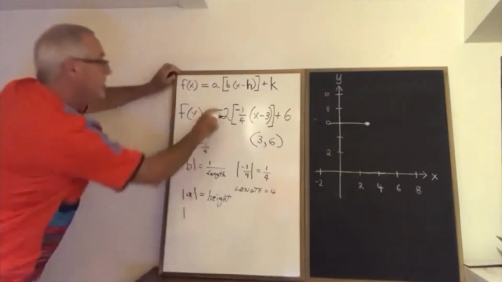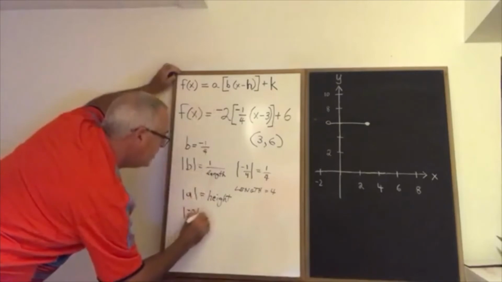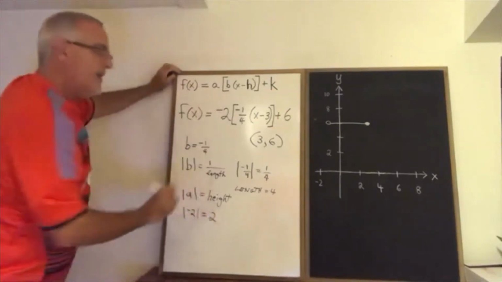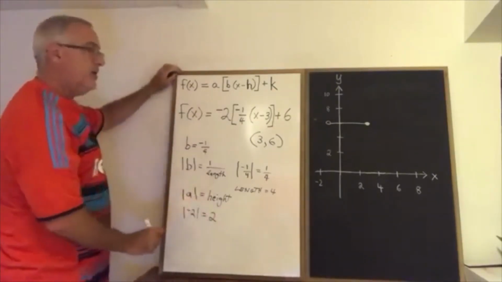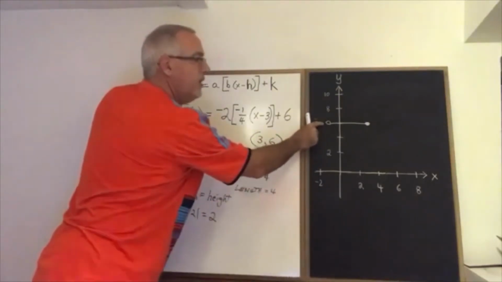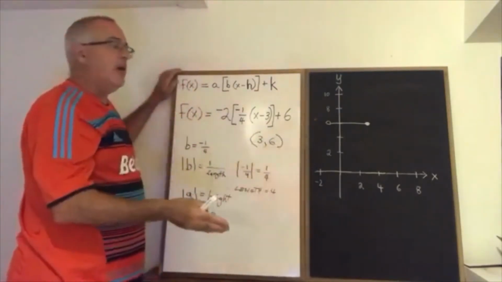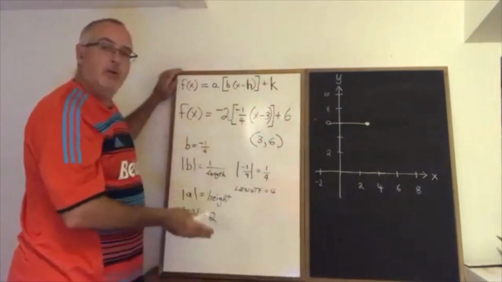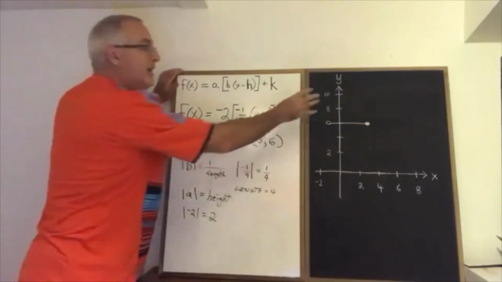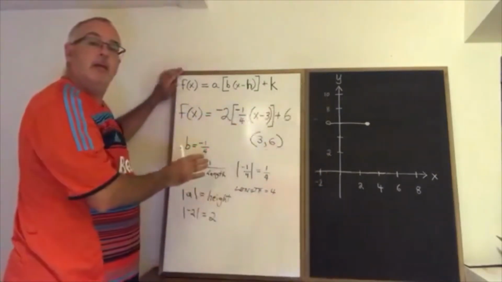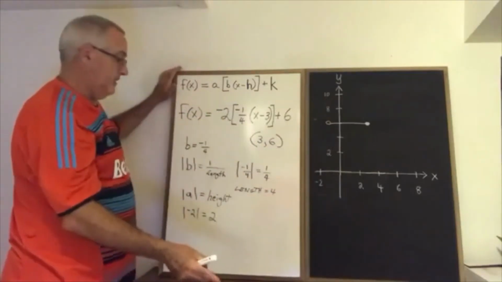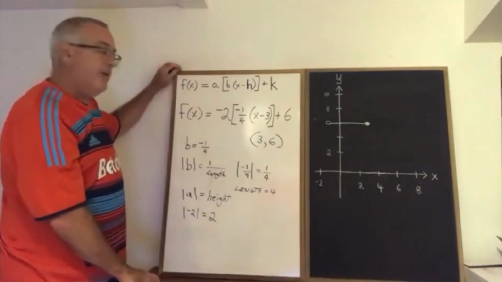The absolute value of -2 is +2. The height of my steps is 2 units. So if I have a step at y = 6, I will have steps at y = 8, y = 10, y = 4, etc. But again, I can't draw them until I know whether this curve is going upstairs or downstairs. That's the next thing to find out.